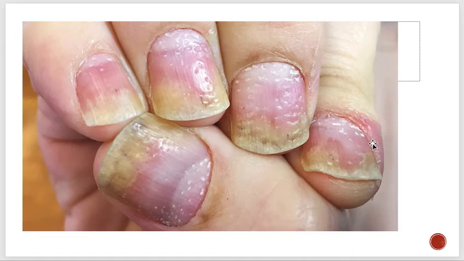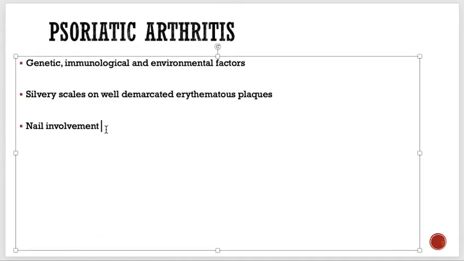you can see there is hyperkeratosis going on, right? And now their nails get separated from the nail bed. We call it onycholysis. So there is pitting, simply pitting is there. What other things?